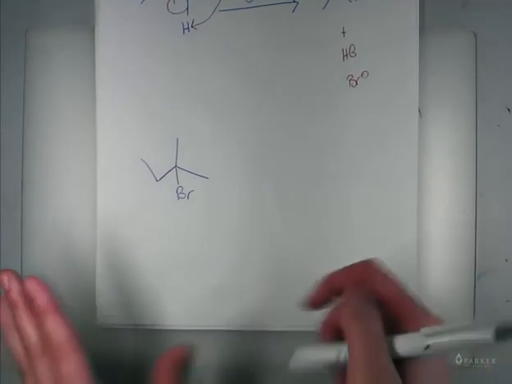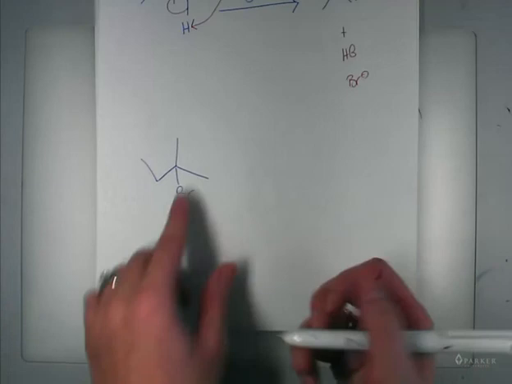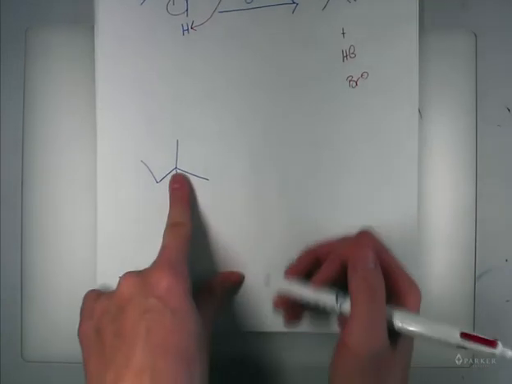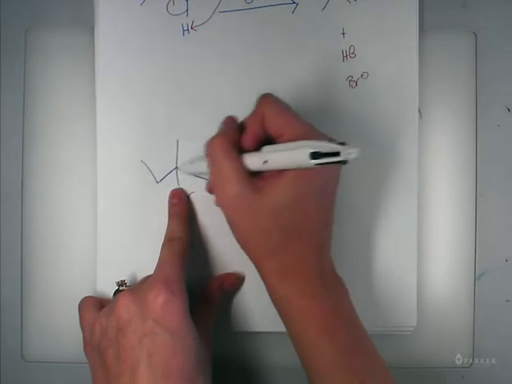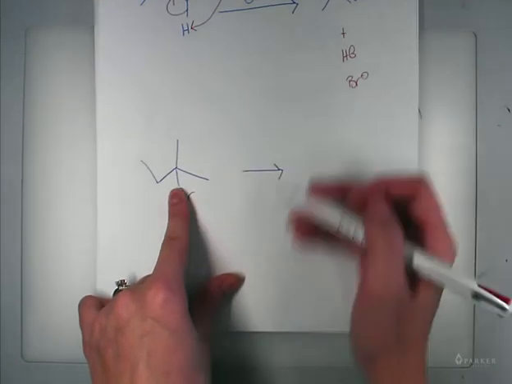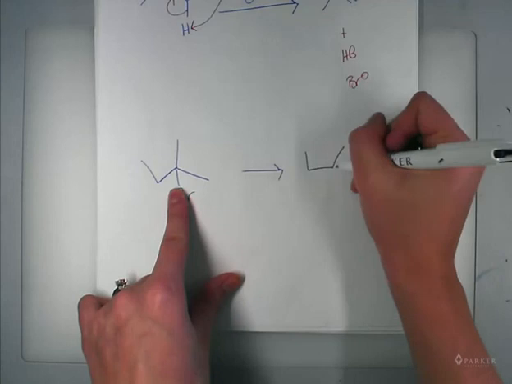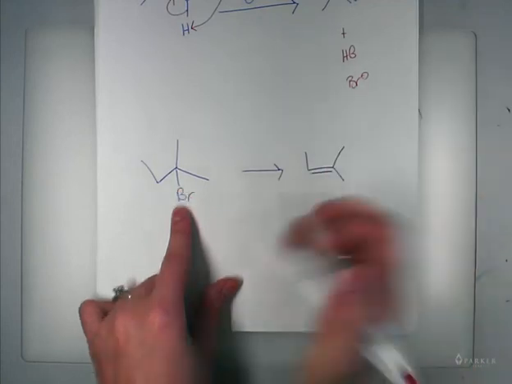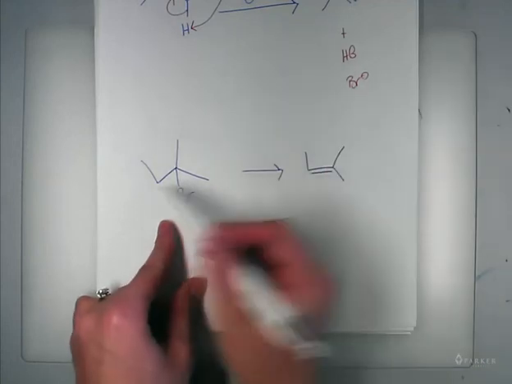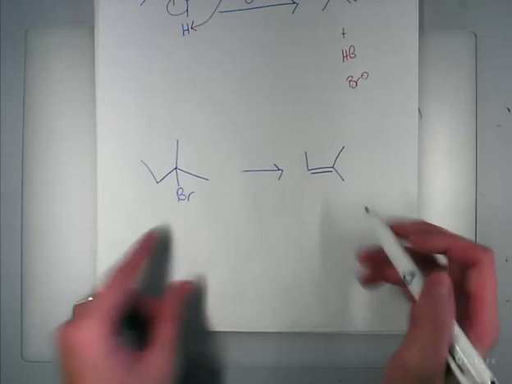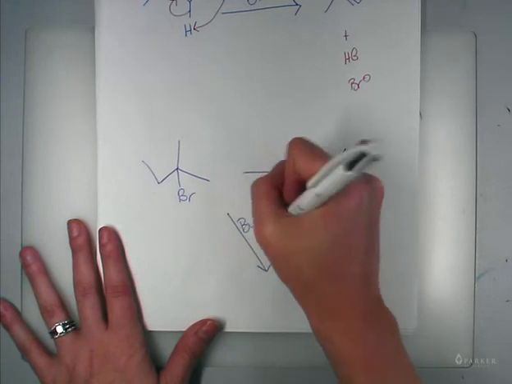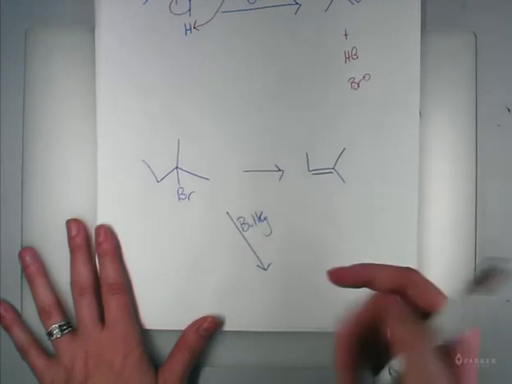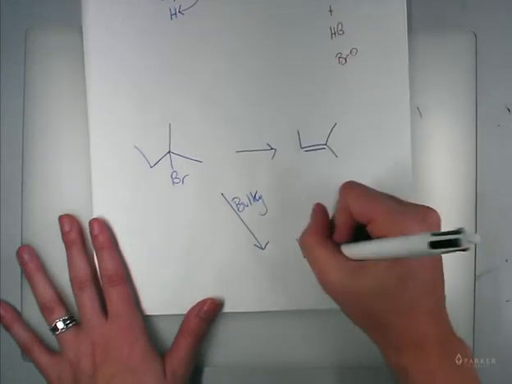And we predicted the most stable product would be taking that bromine off and putting that double bond right there. Because you see we have methyl, methyl, ethyl, right? So putting the double bond in between those two carbons, like that. But what they find with the bulky base, that one doesn't form. This forms.